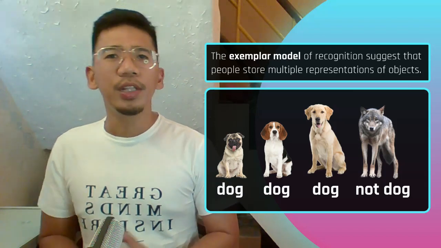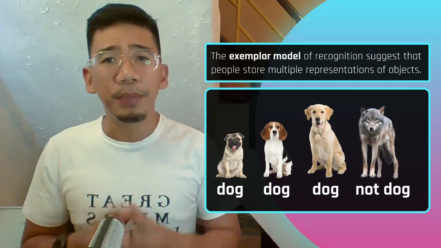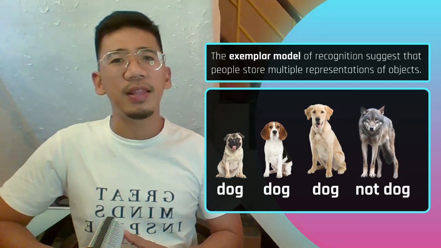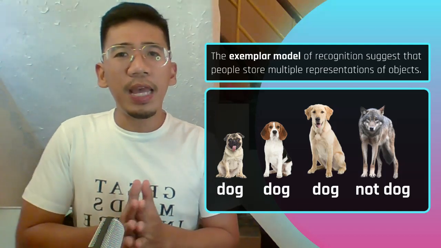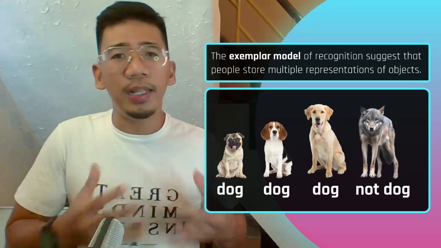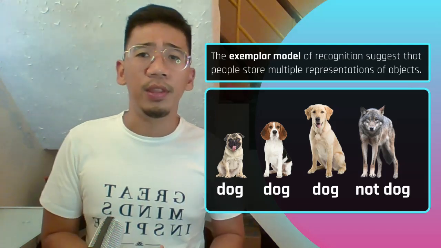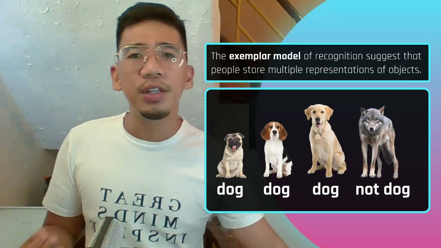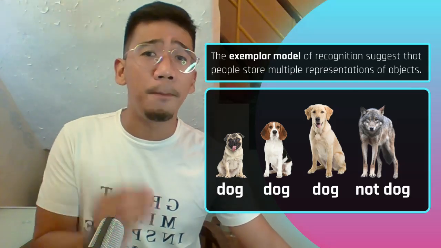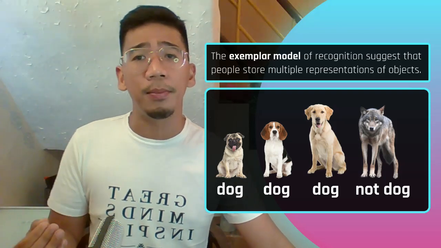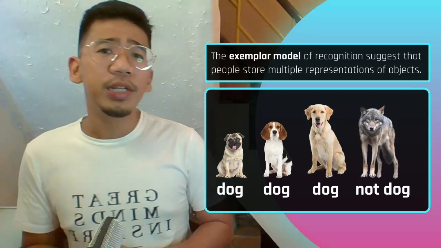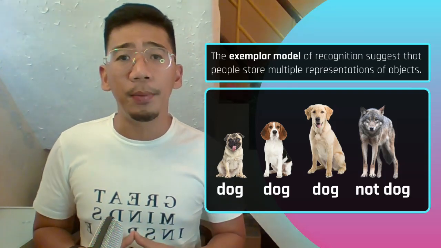Now, the exemplar model of recognition suggests that people store multiple representations of objects. Every time you see, for example, a dog, you store an image of this. Three-dimensional viewing is established by combining multiple views of the same object. This recognition process is relatively simple.